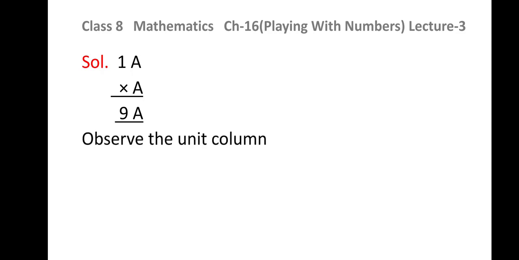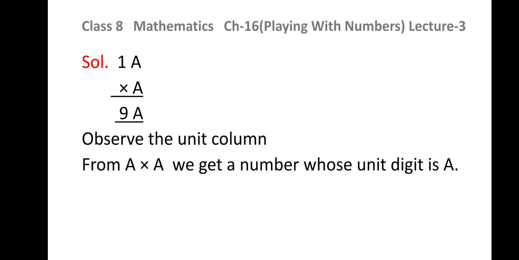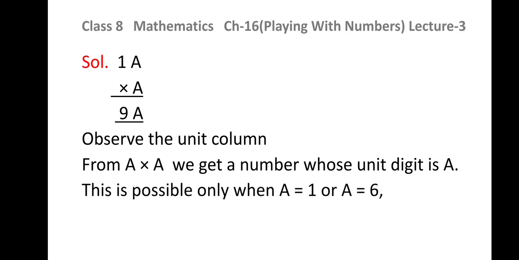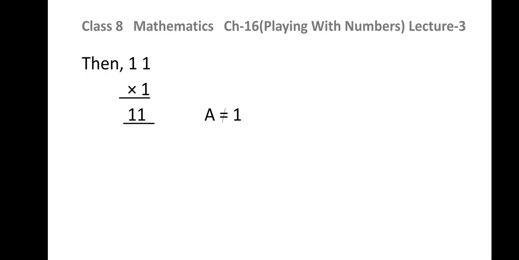Now let us see whether A will be 1 or 6. Observe the unit column. From A into A we get a number whose unit digit is A. This is possible only when A is equal to 1 or A is equal to 6. So when A is equal to 1, let us see if I get this answer or not. Putting the value of A as 1, it will be 11 into 1, which is 11.